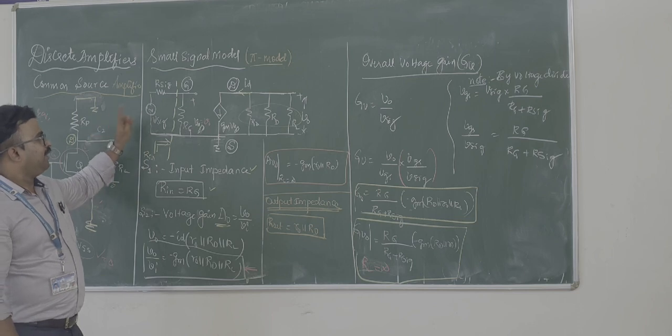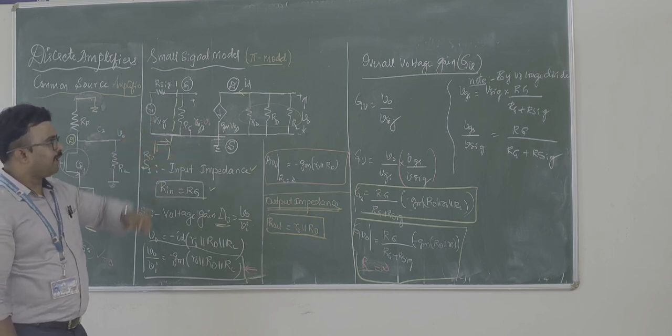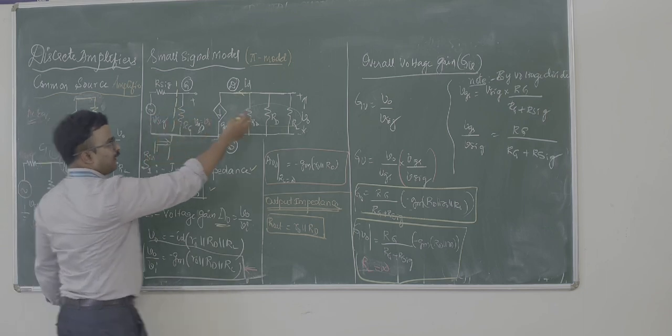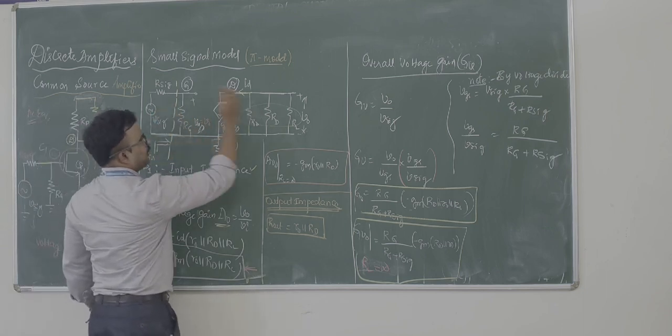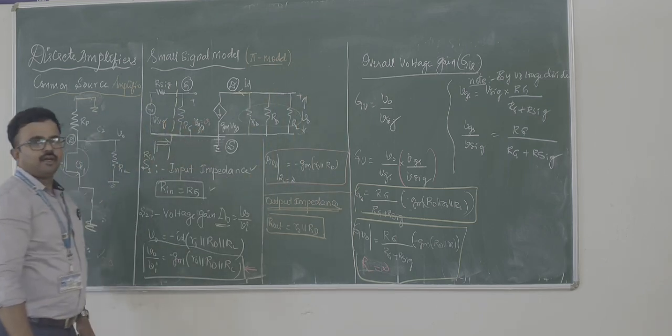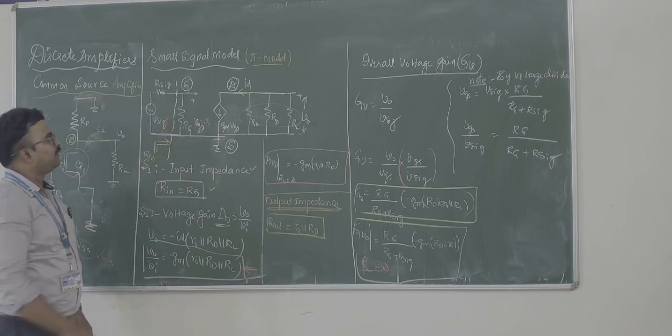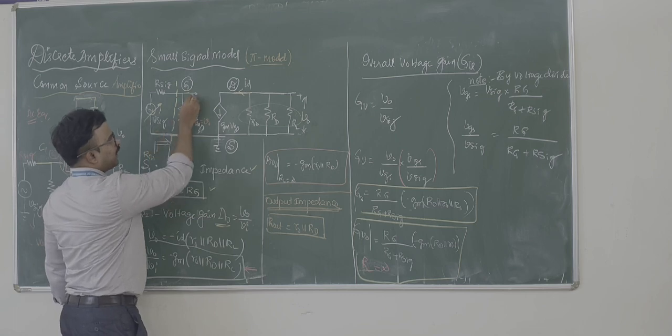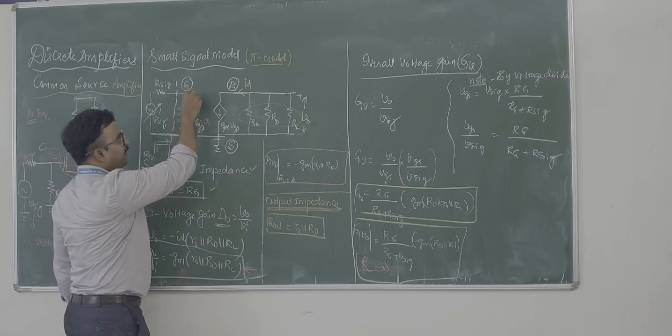The last parameter to find in this circuit is the output impedance. Make Vsig equal to 0 and connect an ideal voltage source, and observe Vout. When I make Vsig equal to 0, correspondingly VGS is equal to 0.